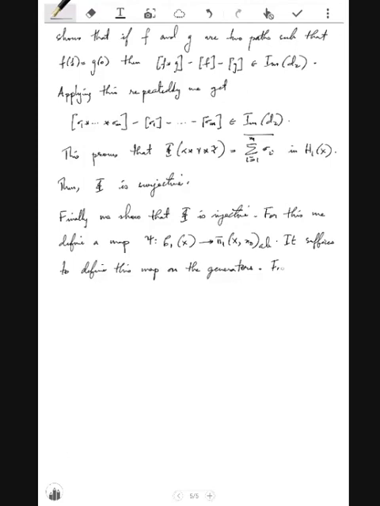So we fix once and for all paths alpha x from x0 to x for all x in X, such that alpha x0 is the constant path at x0.